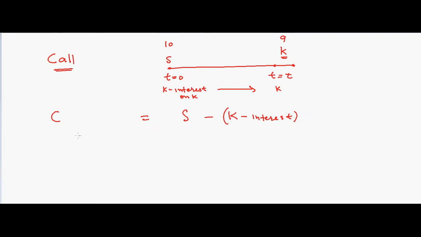Now, this is how the call should look, but also remember that a call is an option. It's not a liability on you, right? You have the option whether to buy the stock or not to buy the stock. You are not forced to buy the stock. So a call also has an inherent insurance in it: if the stock price decreases, then you don't have to buy the stock.